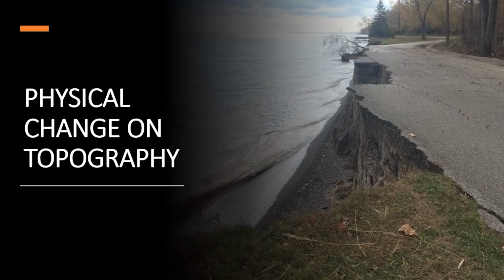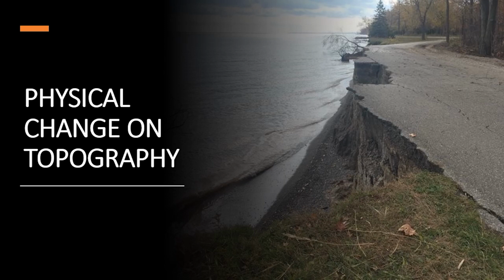Physical change on topography. Topography, or terrain, is the shapes, the elements, or the looks of our Earth's surface. If you look everywhere in your living life, you can see that the surface of the Earth is not the same. There are some places that are slightly elevated, some places really elevated, very high areas. Some places are lower, some places are flat, some places are uneven terrain that goes up and down.